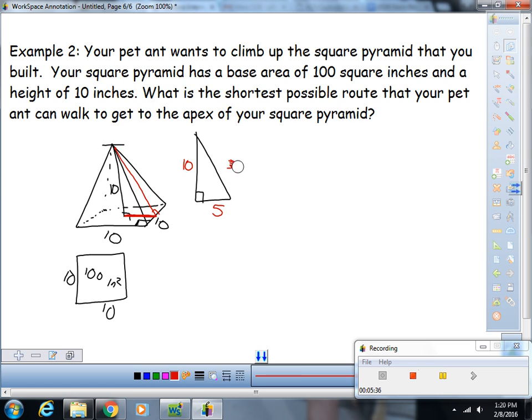This is not a 30, 60, 90 triangle. So just say h squared equals 10 squared plus 5 squared. So h squared is 125, so h is 5 radical 5. So the shortest possible route is this route, and the shortest possible distance is 5 radical 5 inches.